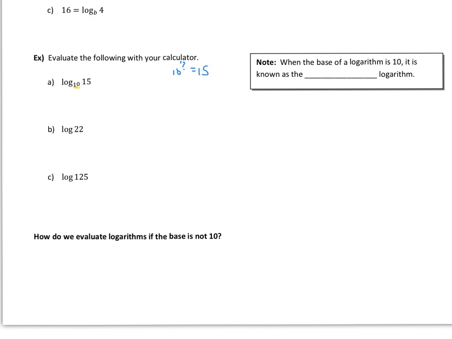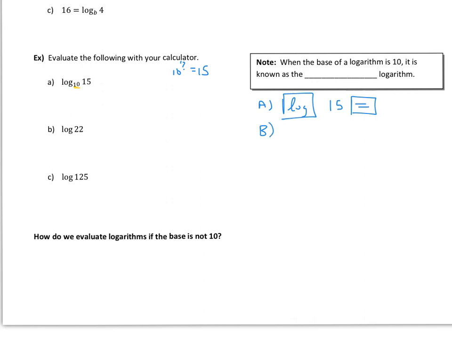On your calculator, you should have a button that says log. Depending on your calculator, there are a couple of different ways you could do this. Some of you are going to hit the log button first, then 15, and then equals. Some calculators work that way.